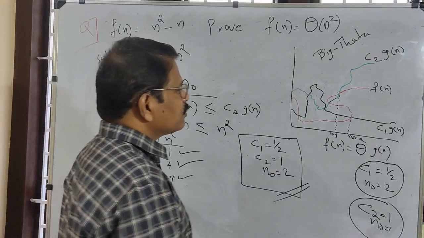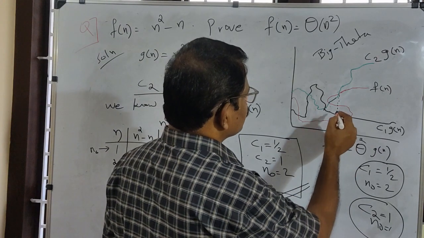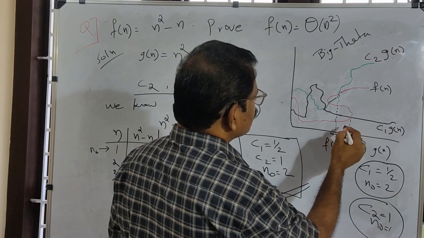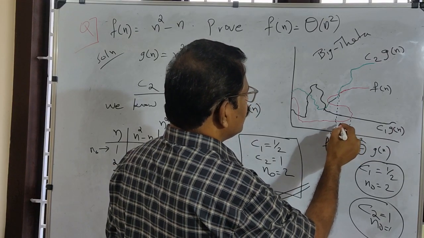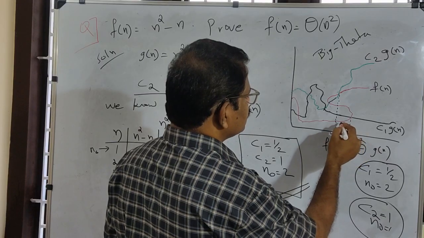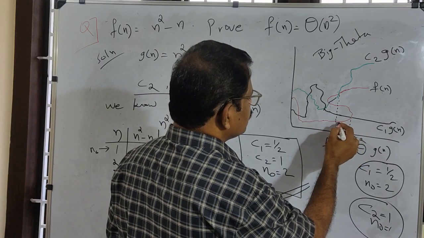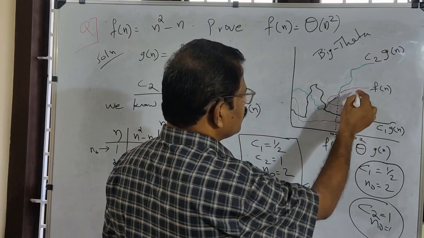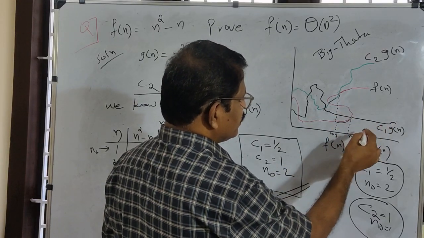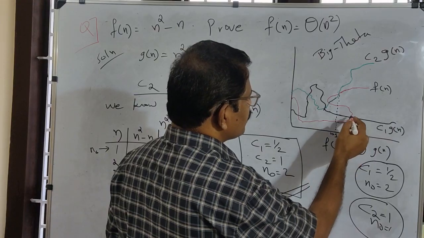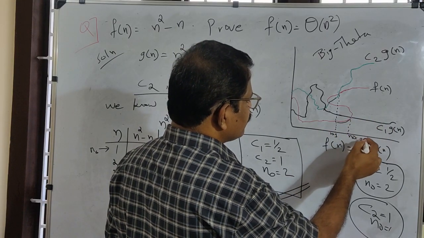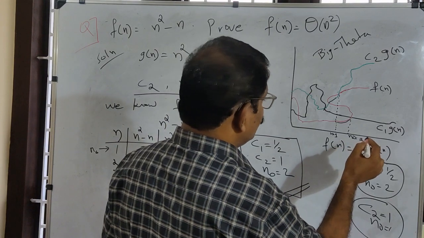We can't take n0 is equal to 1 because see this section, our f of n is less than c1 into g of n. We should get f of n is greater than c1 into g of n, and this happens in this portion when n is greater than or equal to 2.